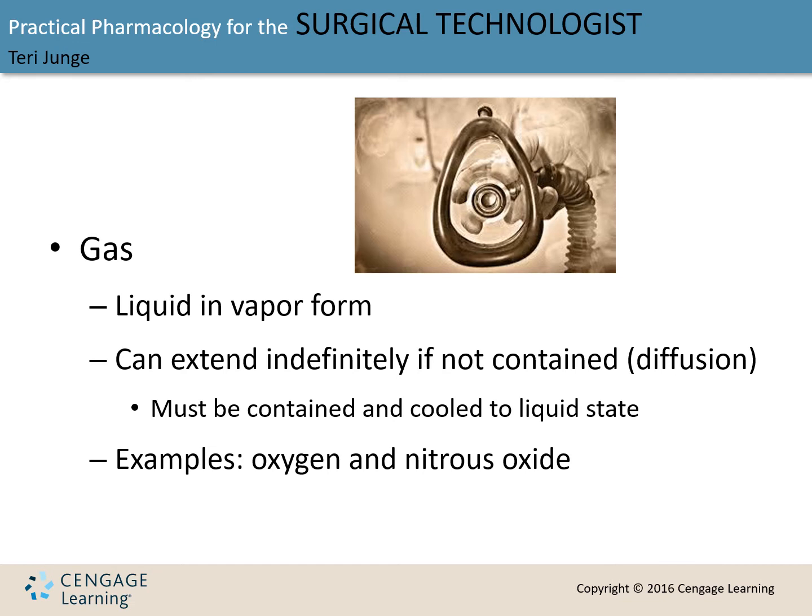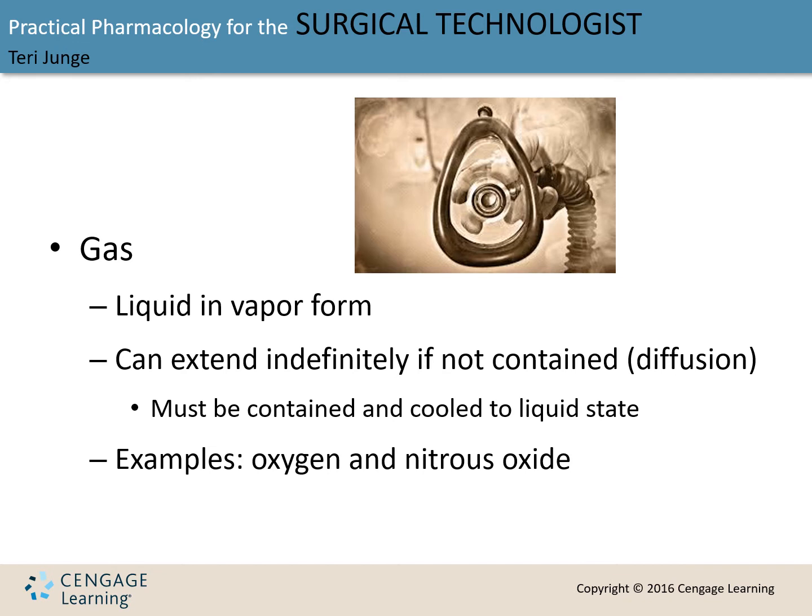And sometimes these gases like nitrous oxide and oxygen are cooled below their boiling point so that they can be transferred more easily. Like if you ever see one of those big trucks going down the road and it says liquid oxygen on the side of it, that has to be kept at a temperature that is below that 297 degrees Fahrenheit.